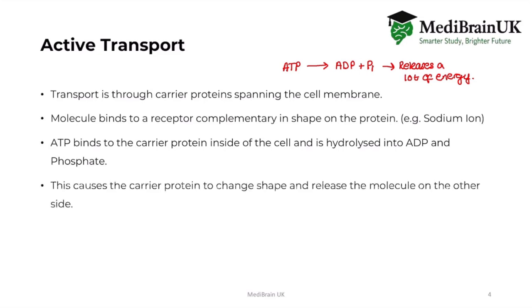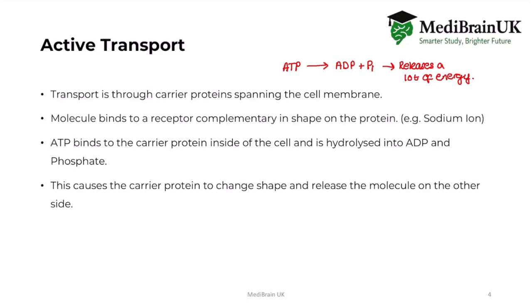And what happens is because that energy has been released, the protein changes shape, and then the molecule which was bound to the receptor is absorbed into the cell and it moves inside.